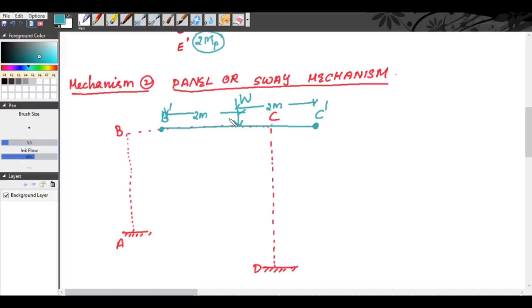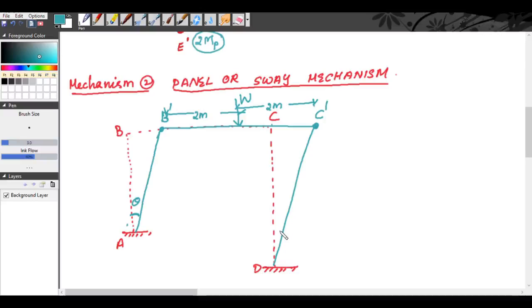Okay. Now, so now this will be moved like this. Now there is a change in distance of this length AB and DC. Now, see, we know this distance is not going to change. Okay, let us take this angle as theta. Let us take this angle as theta 1.